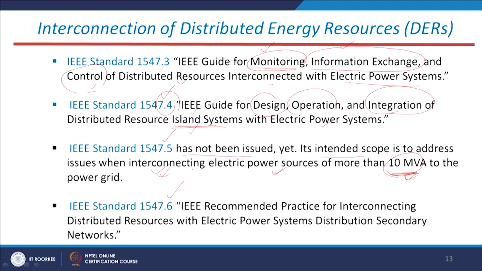And the sixth one is recommended practices for interconnecting the distributed resources with electric power systems with distribution secondary networks. We have a primary network, we have a secondary network. With the secondary network, how to connect the DERs, those rules are described in 1547.6.